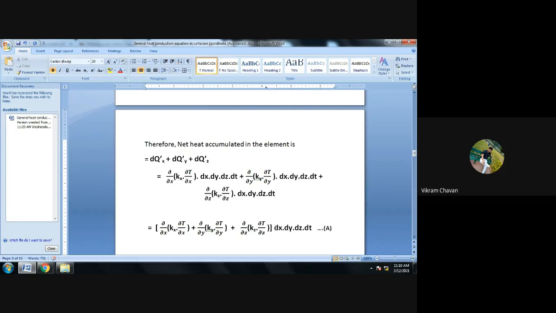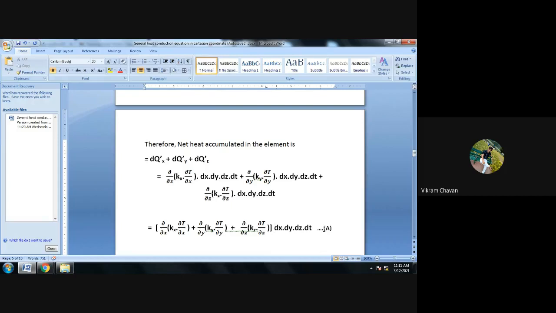And the common thing out of these three parts of the equation we have written outside the equation, that is dx multiplied by dy multiplied by dz multiplied by dt. So which is our A part of the energy balance equation. This is the A part of the energy balance equation.